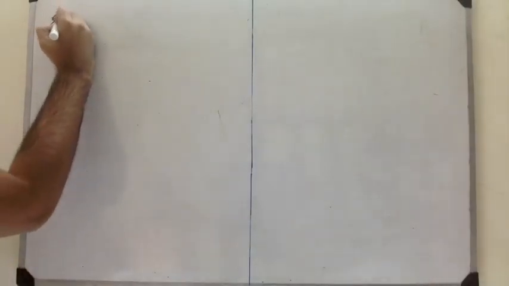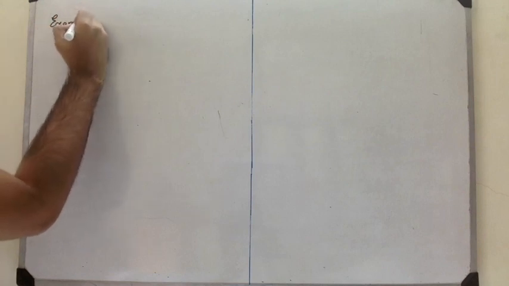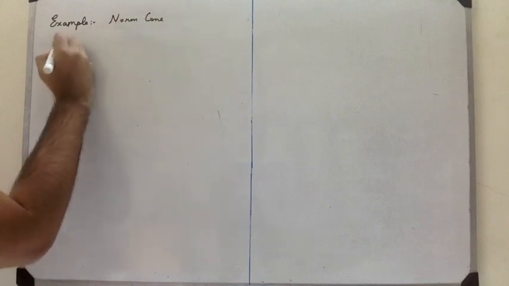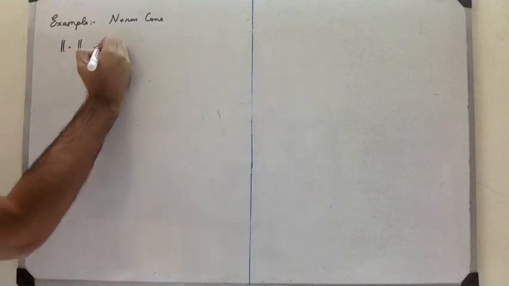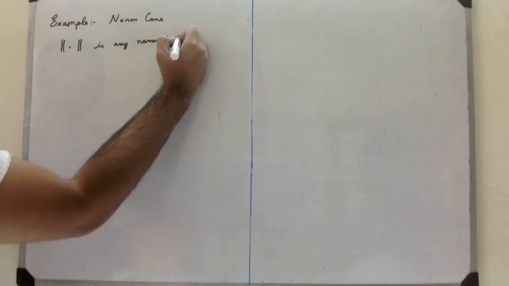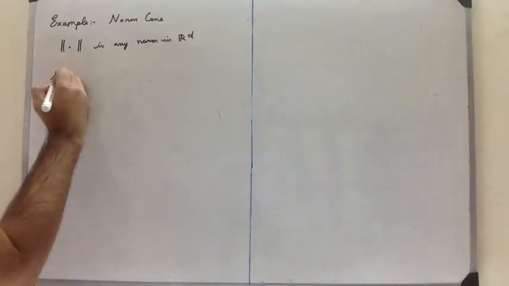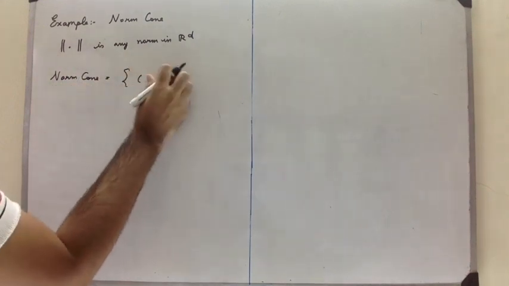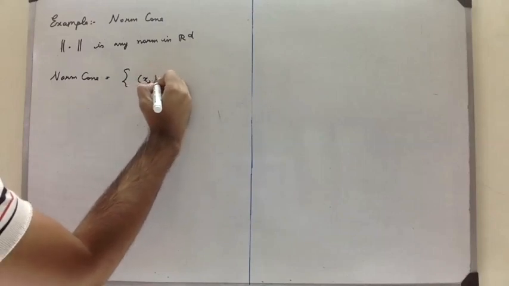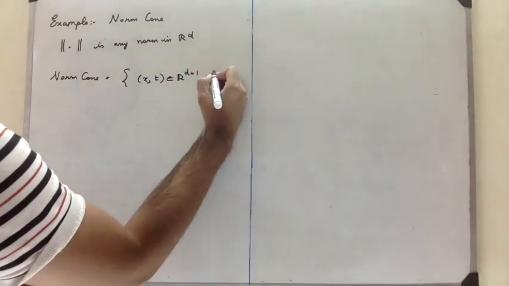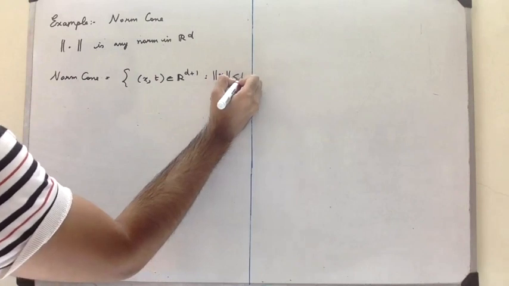As an example of a convex cone, consider the norm cone. Suppose this is any norm in R^d. The norm cone is defined as the subset of R^(d+1) such that the norm of x is at most t.